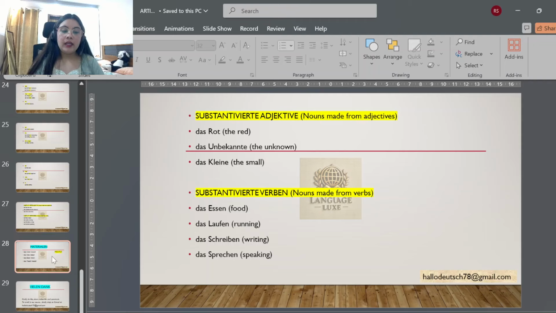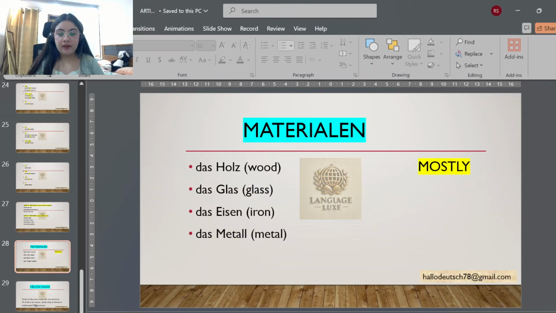Great. Now, most of the Materialien, materials, are mostly, like 95%, Neutrum in nature. For example, das Holz. Holz means wood.